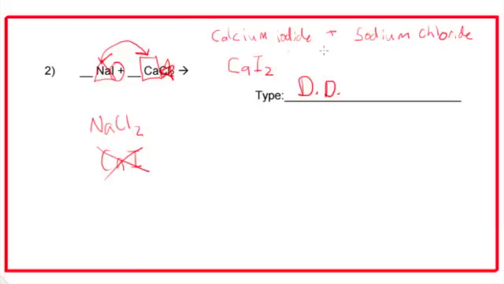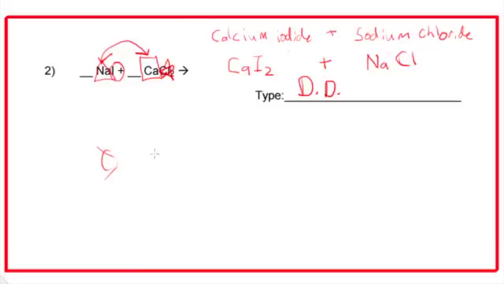I still need to have full octets. I still need to have balanced charges. Sodium chloride is Na 1 plus and Cl 1 minus, which means that's just 1 and 1. NaCl, not NaCl2. So if you just go and switch them over, you're going to get them wrong, and then you can't balance it properly because they're wrong. So always say the name or write the name and then actually bond them the way we've learned, or else you're going to end up with wrong answers.